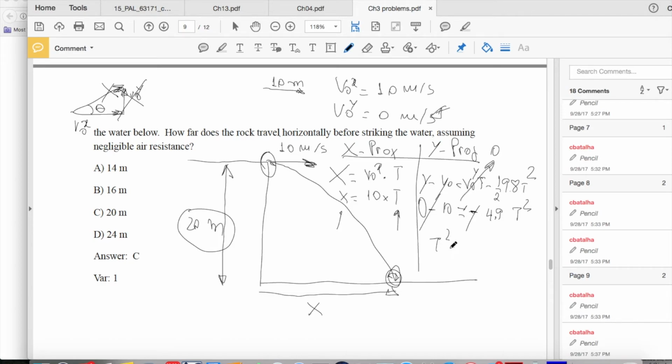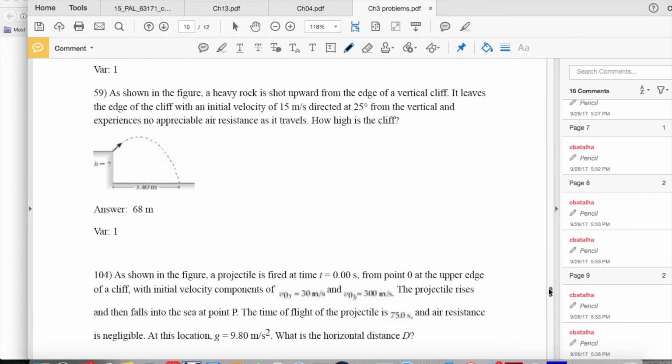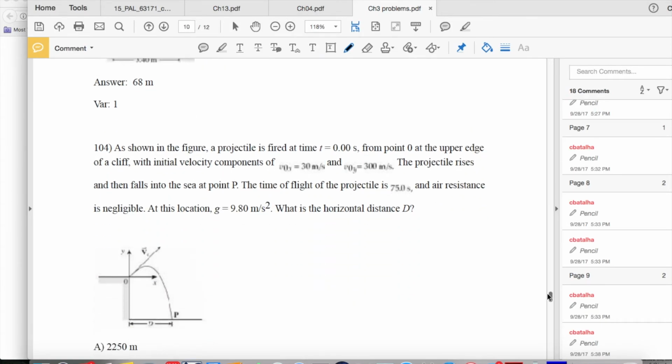T squared is equal to 10 divided by 4.9, and then we can find t as the square root of 10 divided by 4.9 in seconds. So once we find the time, what do we do? Plug it in here, and then we can find the horizontal displacement of that rock. I think we did this in class.